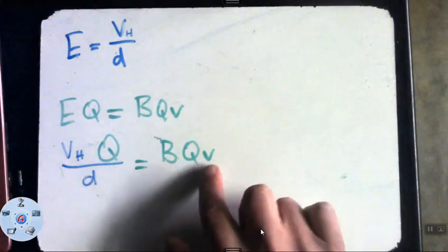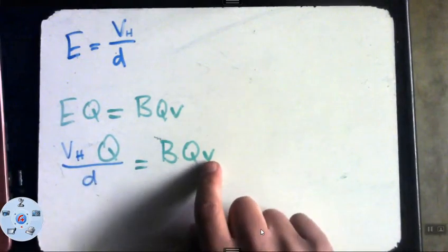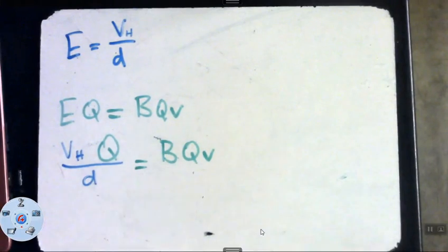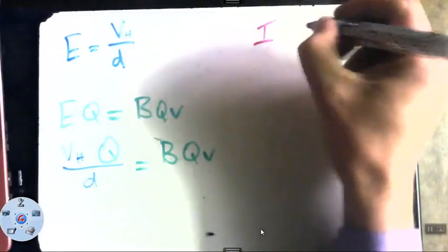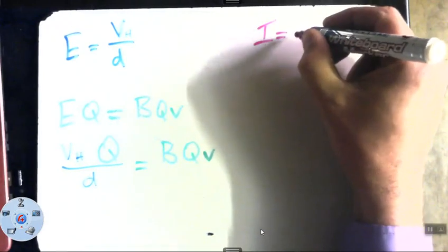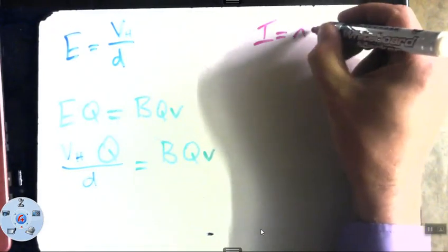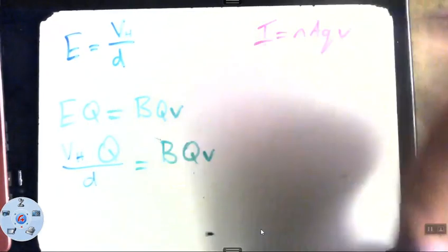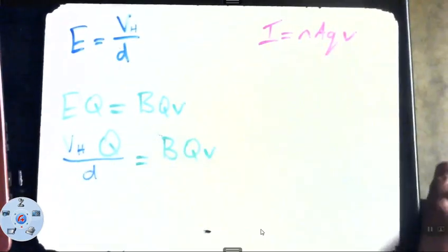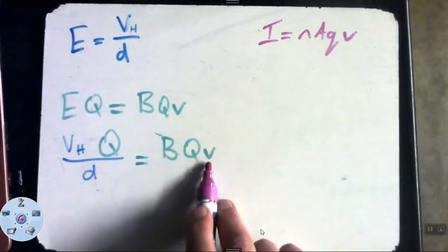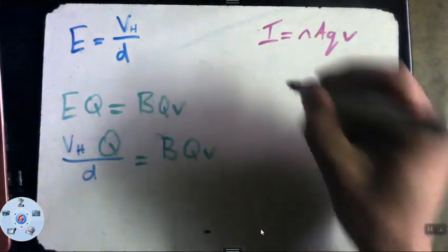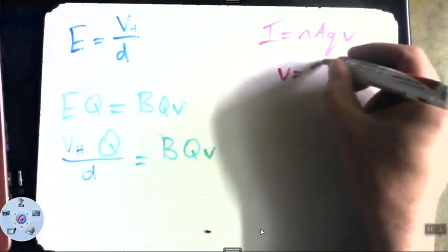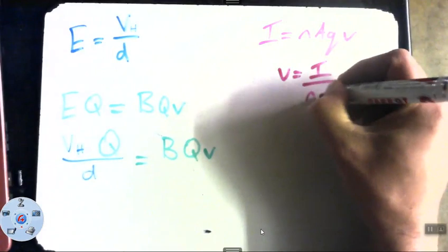If we're looking at the flow of electrons, what we've learned in AS is the formula which speaks about current, I equals nAQv, and that v was the mean drift velocity. So this is the drift speed, or how fast they go through. So v is I over nAQ.